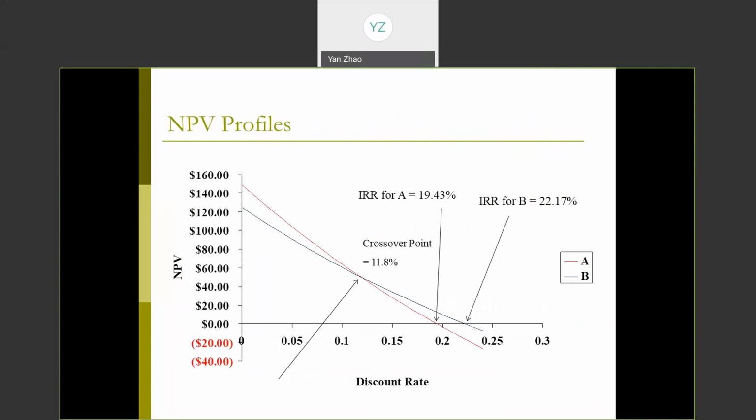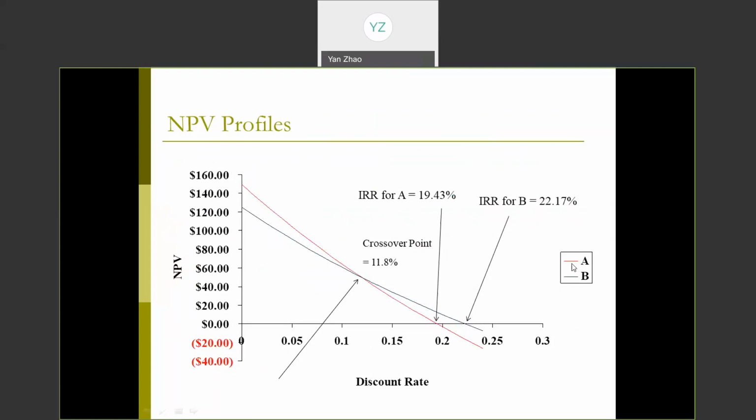All right, so if we plot project A and project B, on the vertical line we have the net present value, on the horizontal line we have the discount rate. Now we have three critical points on this picture. So first of all, the internal rate of return for project A is 19%, which is the red one.